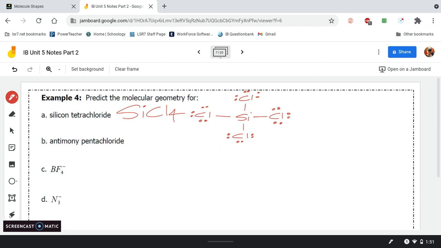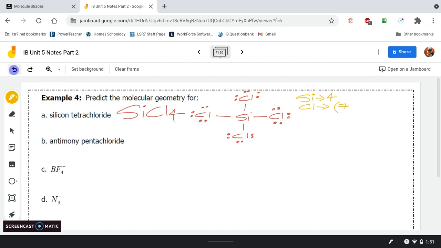Okay, now we've got to check the target number. So silicon is going to contribute, and once again, you just look up on your periodic table. Silicon is in column 4A, so it gives 4. And the chlorine is going to give us 7 because it's in column 7A, but there's 4 of them, right?